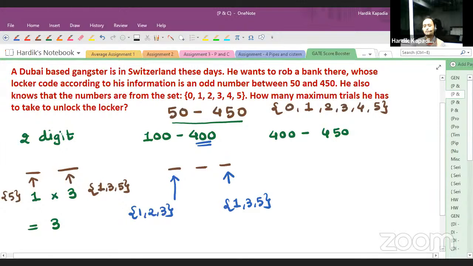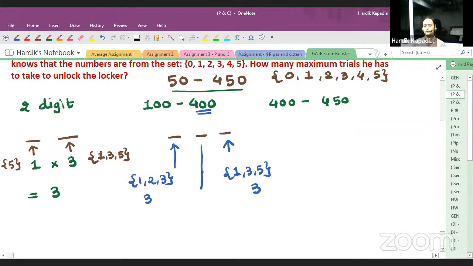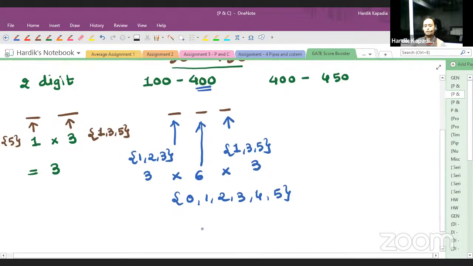So the maximum number is 399 only. So it has to be 1, 2, 3. Three ways. This is also three ways. And for the middle digit, it can be any from 0 to 5: 0, 1, 2, 3, 4, 5. We can use any of them. So it is in six ways. So 3 into 6 into 3. It is in 54 ways.